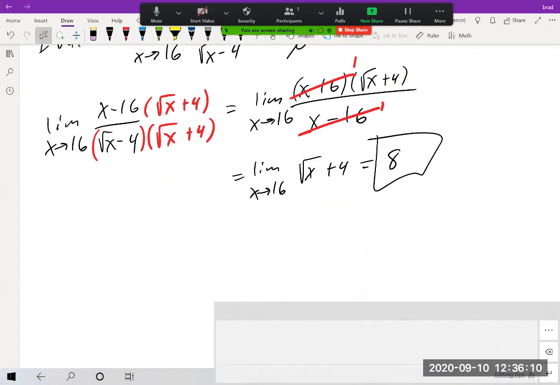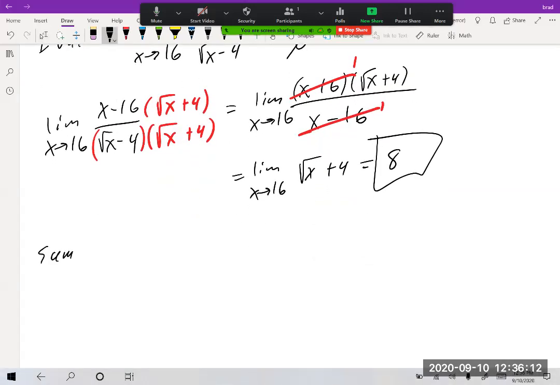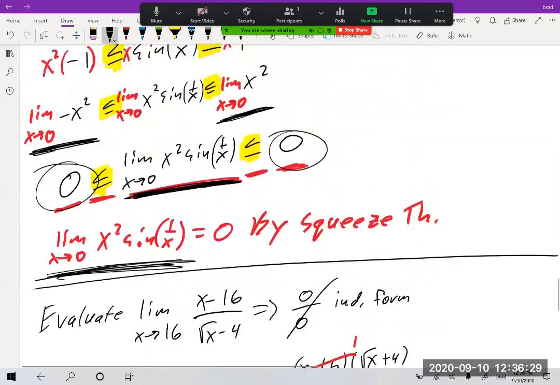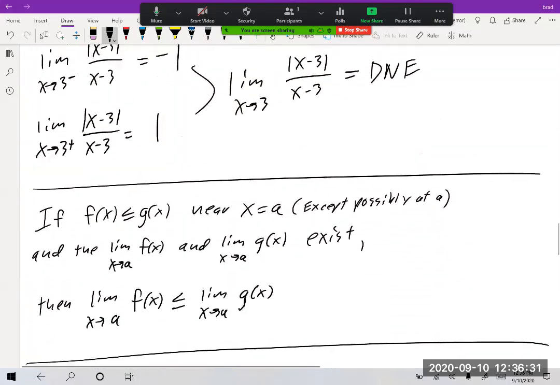So far, in summary, some of our techniques that we have: factoring. That can help with limits. What else do we have? What else did I use? Common denominators.